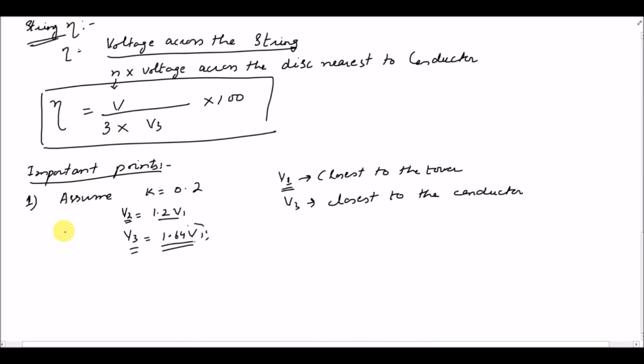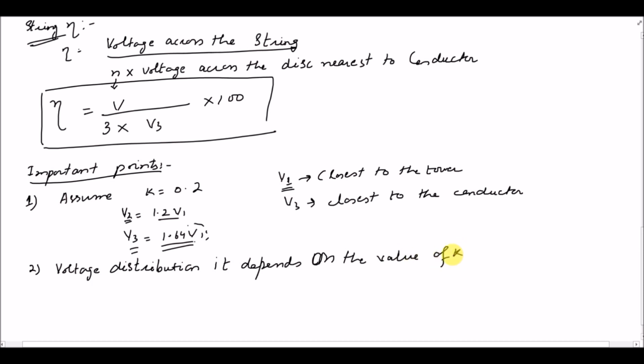So the voltage distribution depends on the value of K, and if the value of K is larger, the non-uniformity will be larger. By non-uniformity we mean that the voltage distribution across all the insulating discs will not be equal.